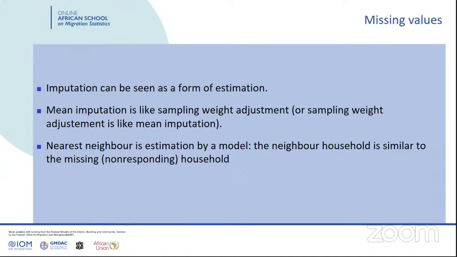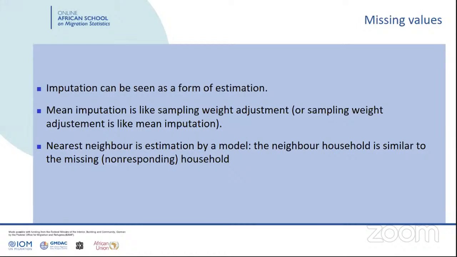So imputation can be seen as a form of estimation. The mean imputation, if we use the mean for the sample group to impute for missing values, that is more or less the same as doing sampling weight adjustments.